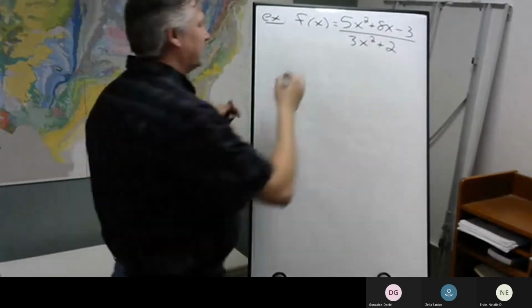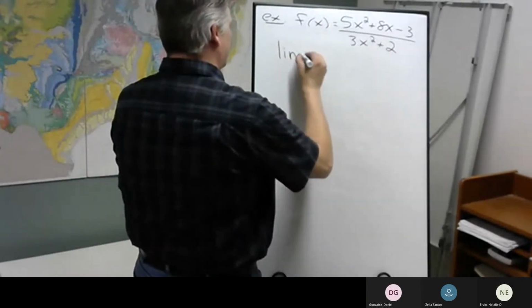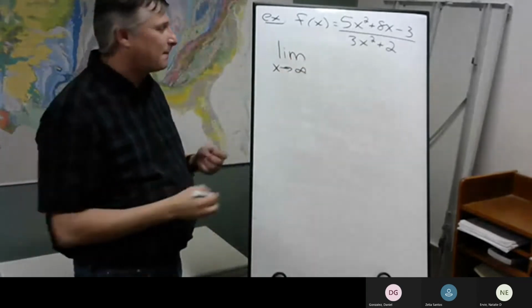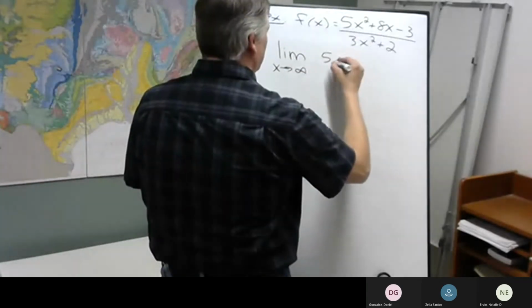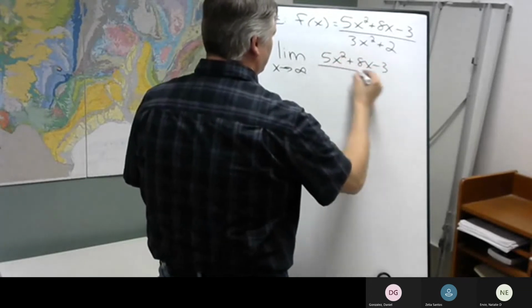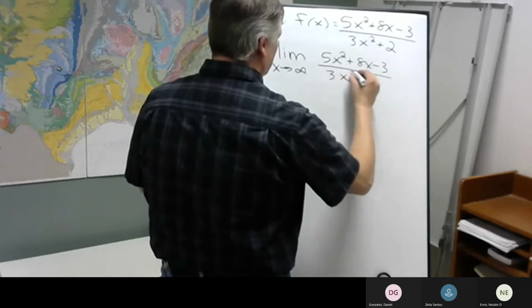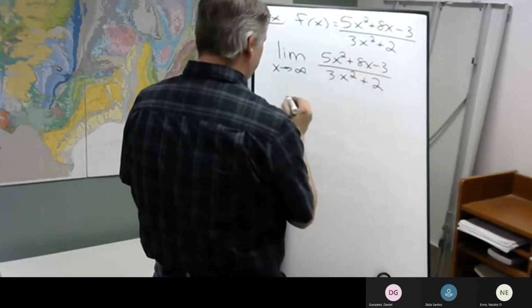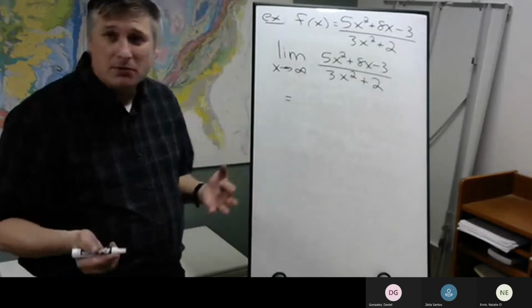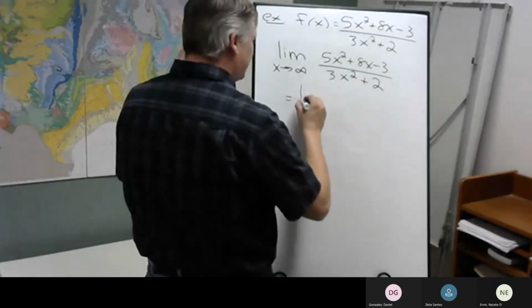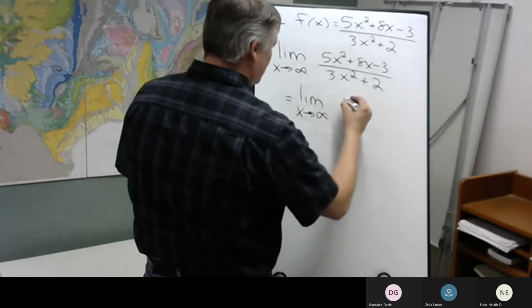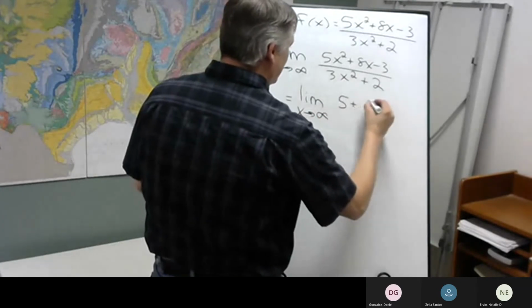Now, let's say we take the limit as x goes to infinity. Now again, let's divide by the highest power of x. And when we do that, we're going to get the following. I'm going to simplify as I go. We'll get 5.